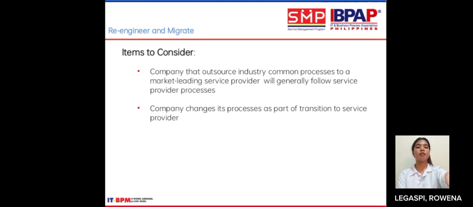This is because the service provider is already a market leader and has expertise in carrying out these processes efficiently. By following the service provider's processes, the company can benefit from their expertise and experience, potentially leading to improved efficiency, reduced costs, and increased productivity.